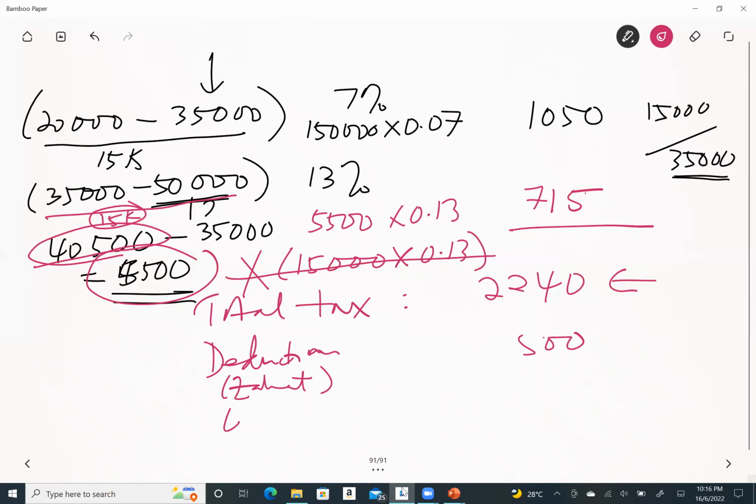Sometimes a deduction for computer purchase, maybe 500 ringgit, or maybe some other deduction. Now this deduction may vary according to time period. That is up to the government.